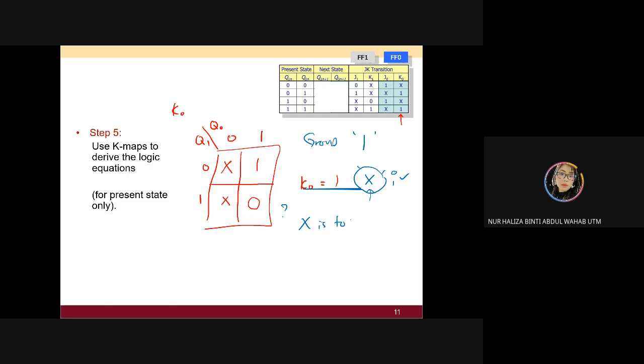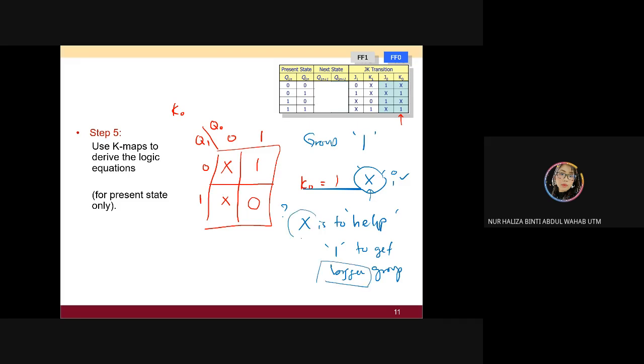X is to help digit 1 to get bigger group. The bigger your group you have, the more simple equation that you will get. That's why we're going to go much bigger.